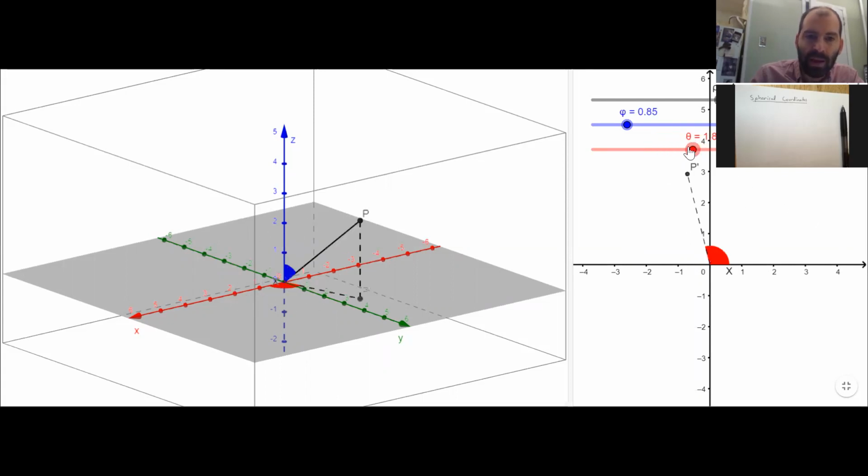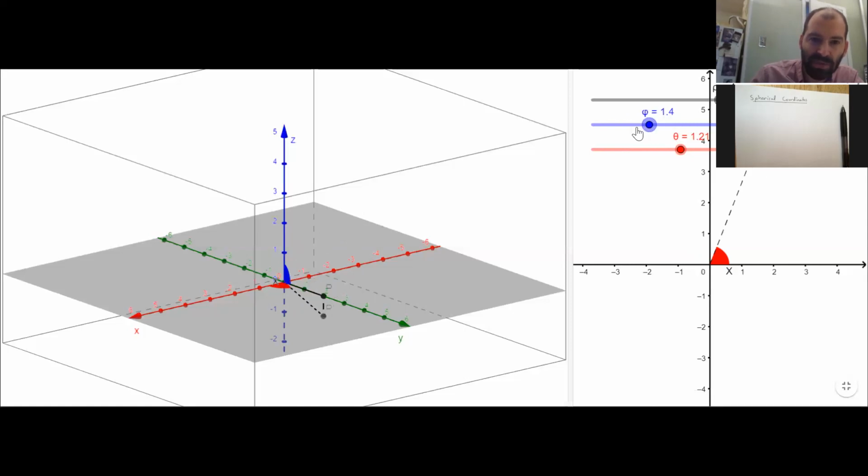Now, to tell us how far out into space we are, we're going to use another angle. And that angle is measured from the positive z-axis. And that angle is called phi, P-H-I. Phi is going to measure the angle from the z-axis.